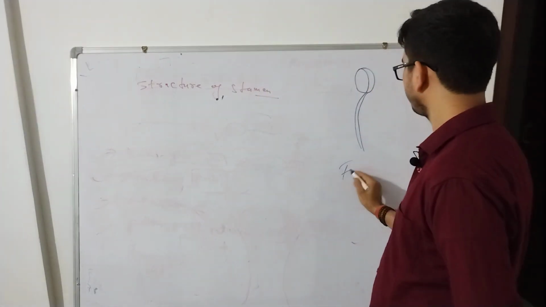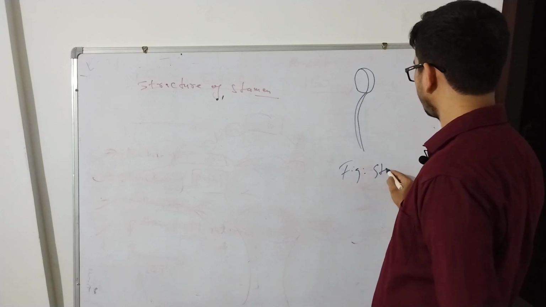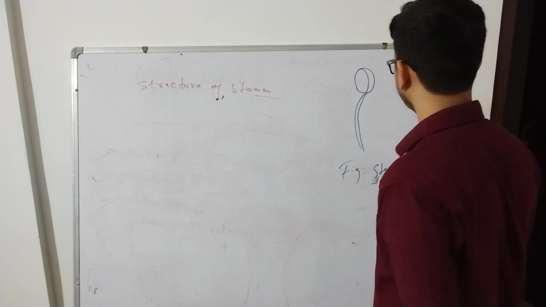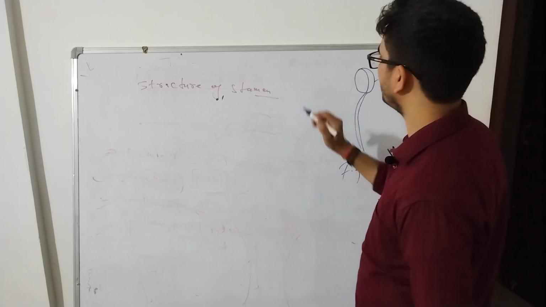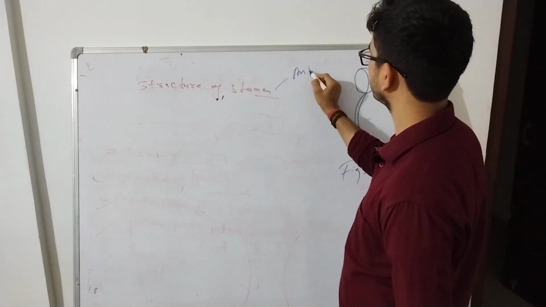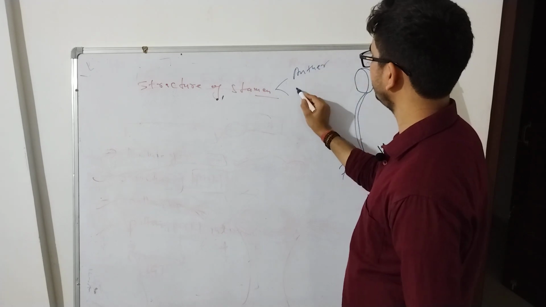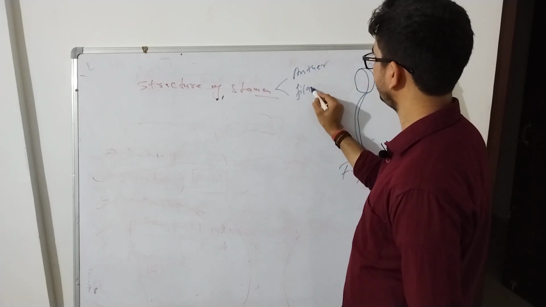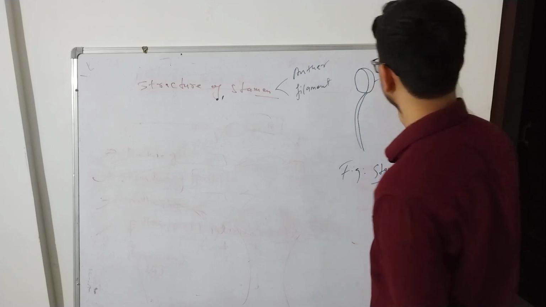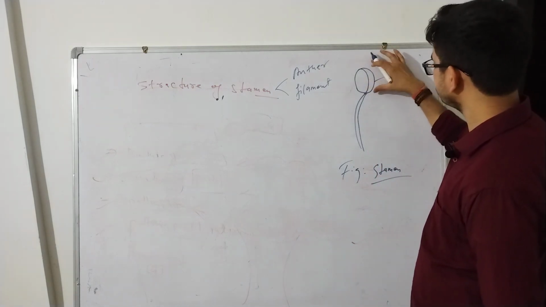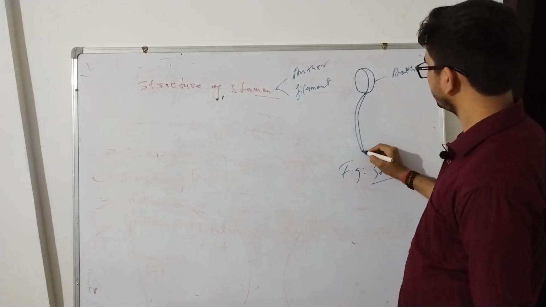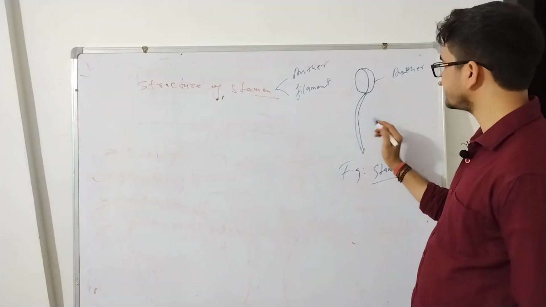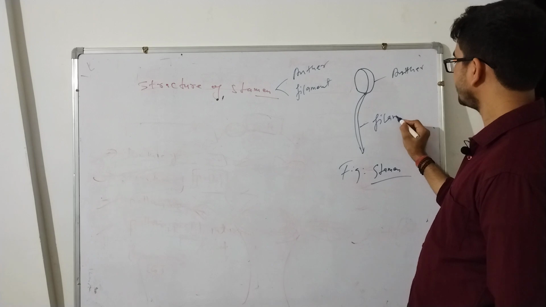So this is the figure of a stamen. In a stamen there are two components, anther and filament. So this part is known as the anther, and the slender, stalk-like structure is the filament.